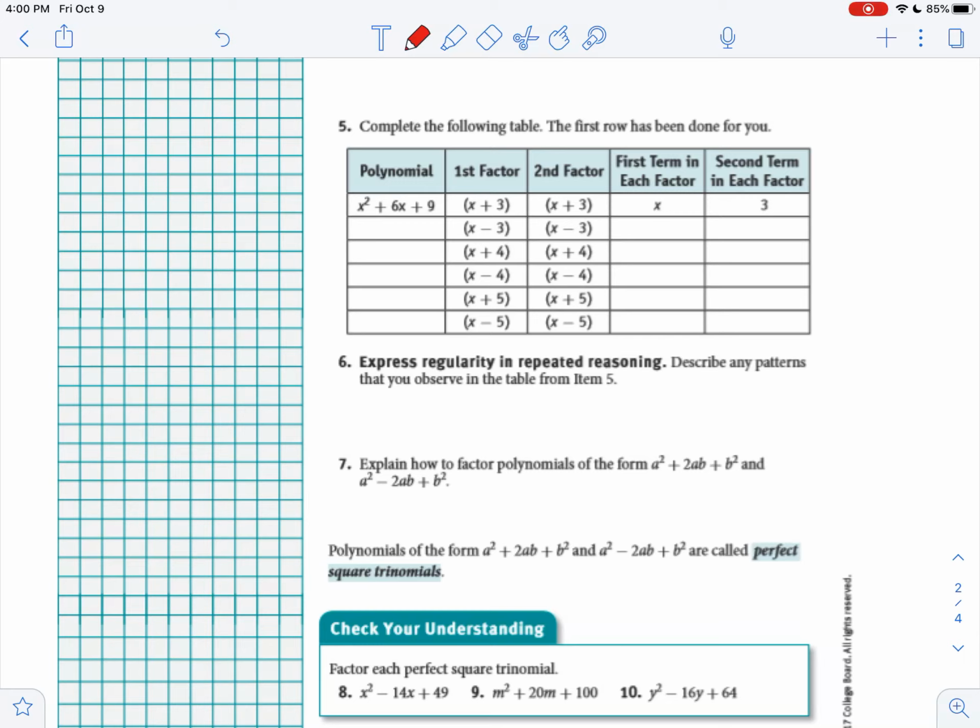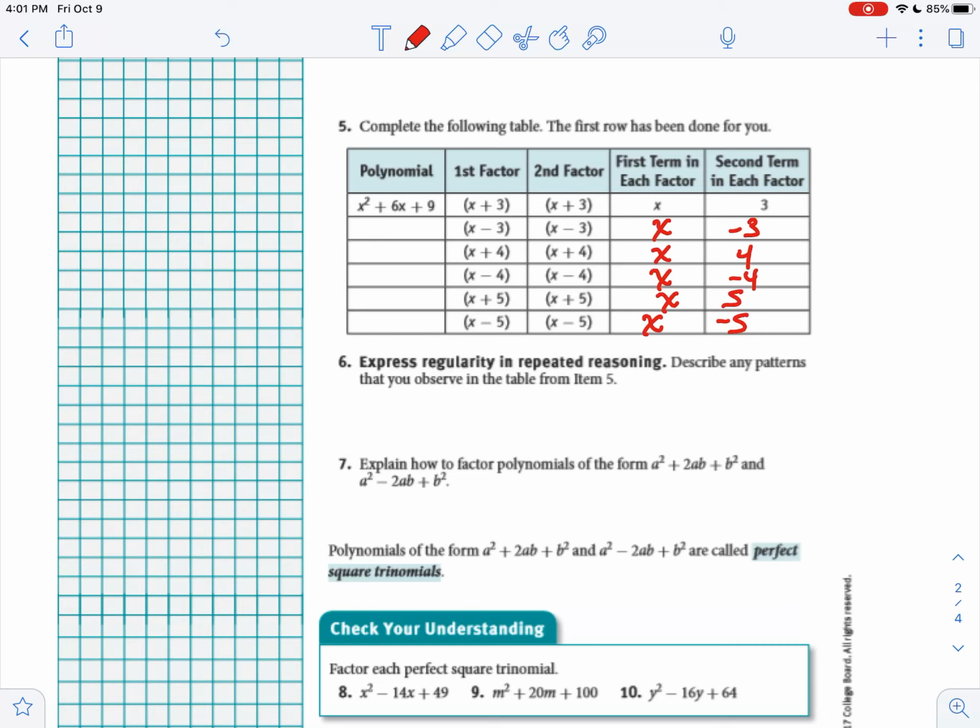Notice that the first term in each factor is x, and the second term is 3. In the next row, we've got x, of course, but then we've got negative 3. Let's just fill out those 2 columns. They'll go pretty fast. There we've got x and 4. We're going to look at x and negative 4, how they're related. We've got x and 5, and then we're going to look at x and negative 5.